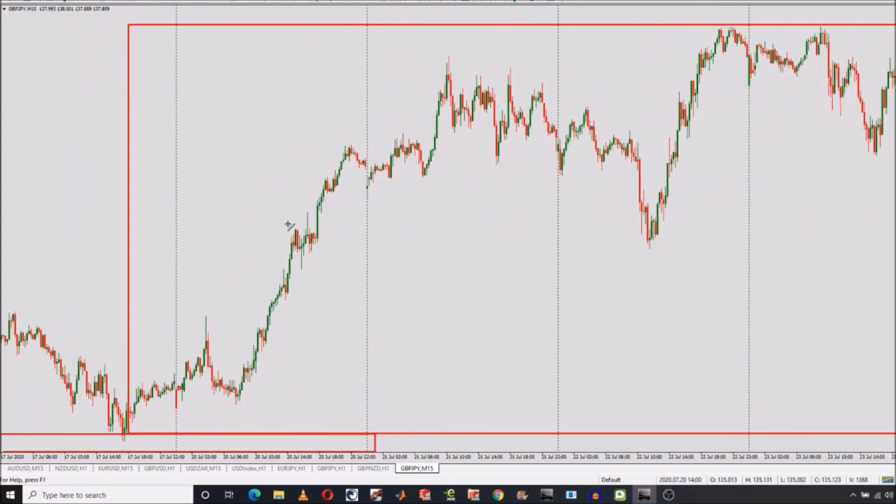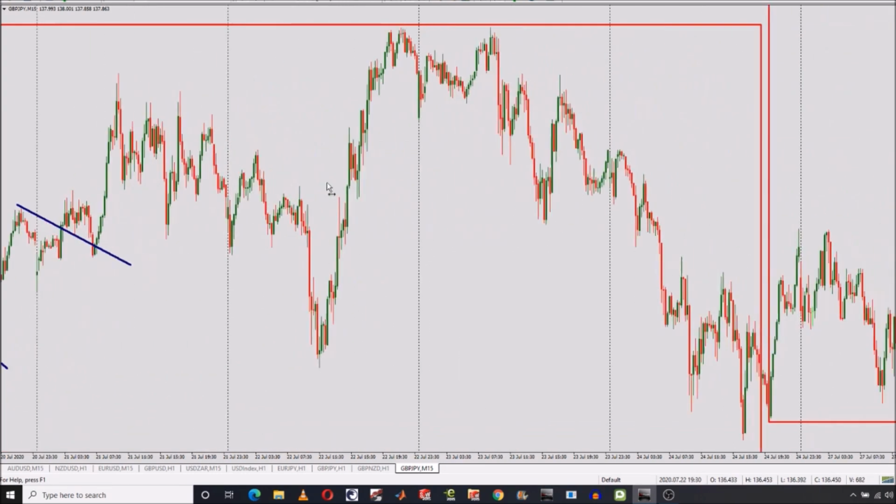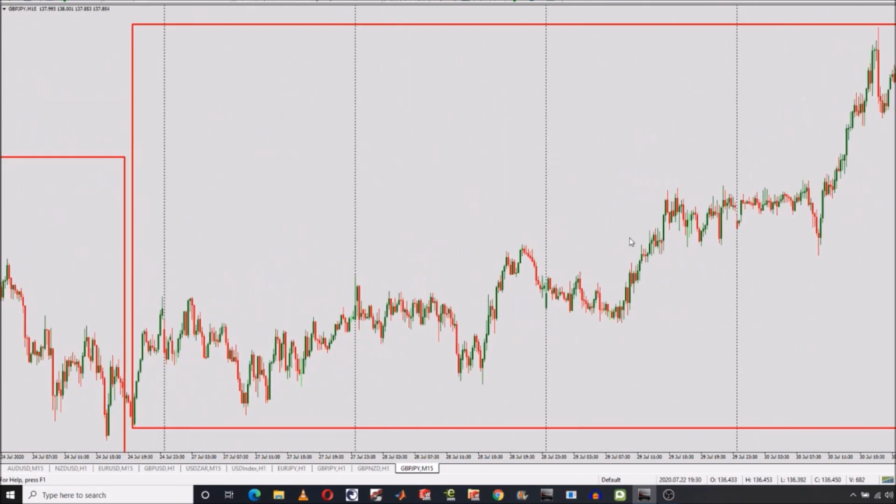This one, 1, 2, 3. So the first thing you must see is 3 pushes on the M15 to deem that H1 level complete. If you do that, you will see that drawing levels will become an easy task for you.